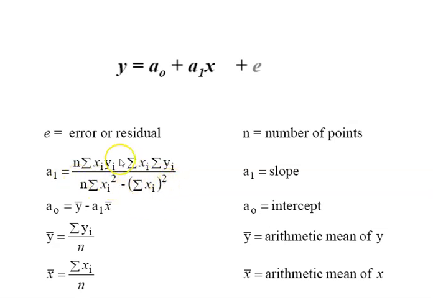Okay, so what are all these things? n is the number of points. a1 is the slope. x and y are your data.